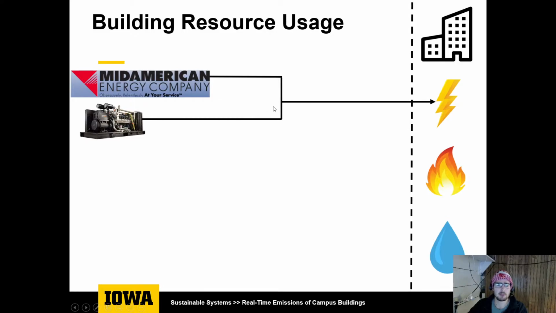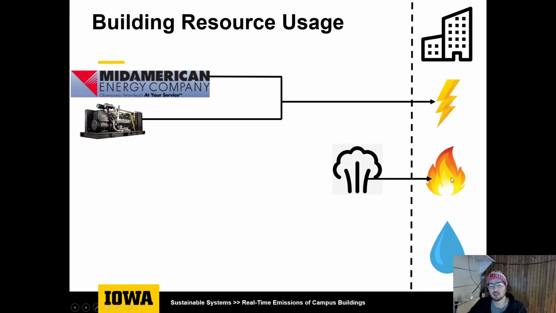It's not in this diagram, but we get electric from any of these sources, and these sources are what have the carbon emissions. Mid-American Energy Company has carbon emissions, and the natural gas engines are burning natural gas, and those are what have the carbon emissions. So we backtrack from an electric usage to the associated emissions.